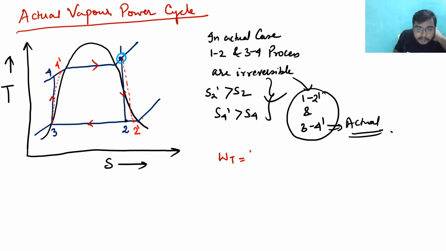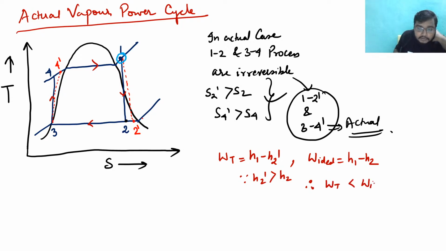Work done by the turbine would be H1 minus H2 dash. And what was the ideal work that we have seen? H1 minus H2. Since H2 dash is greater than H2, the actual work done by the turbine is always less than the ideal work.